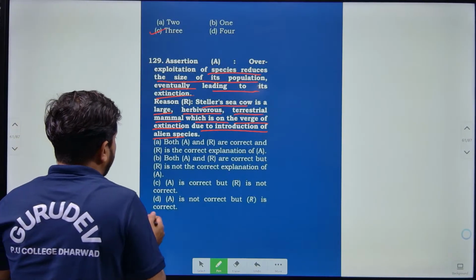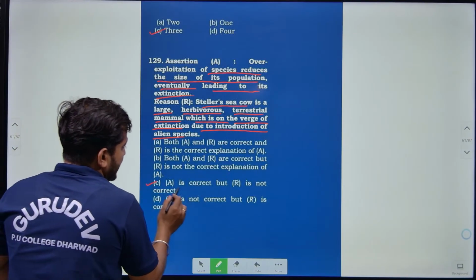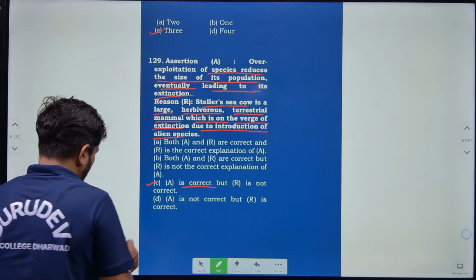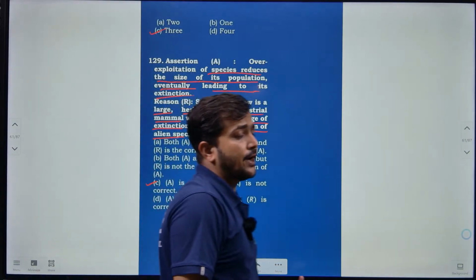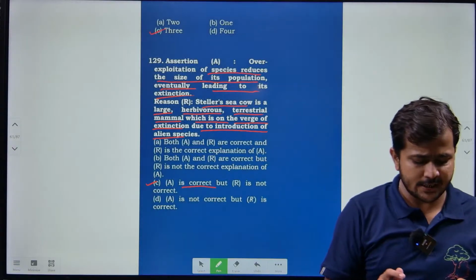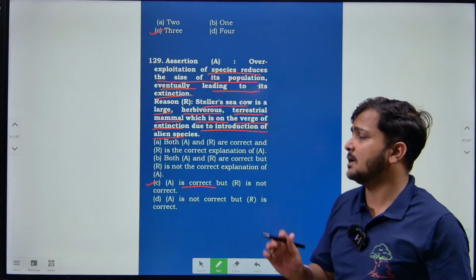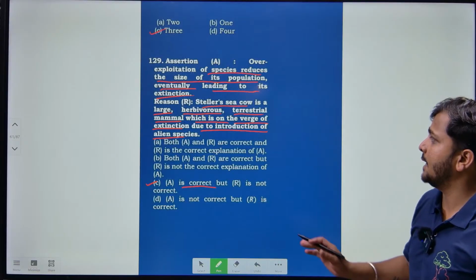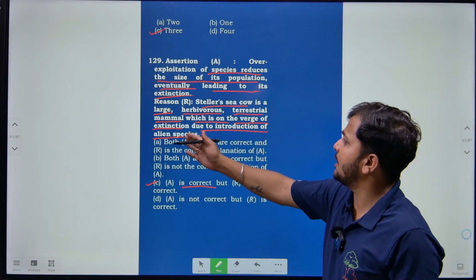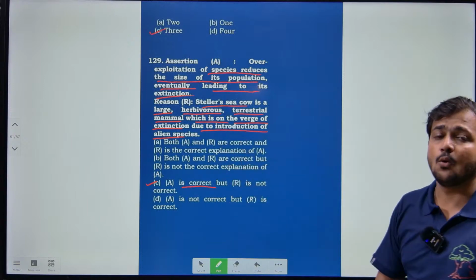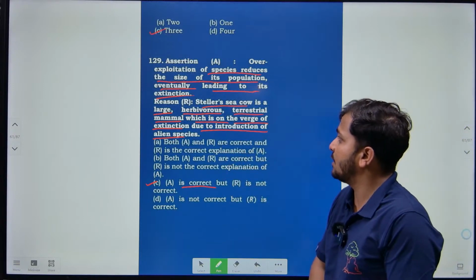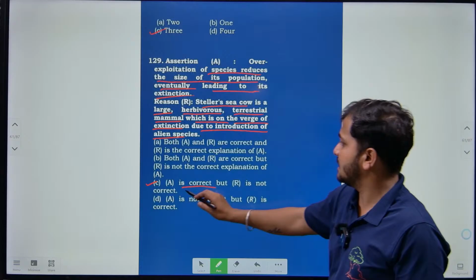So according to that, A is correct but R is not correct, because over exploitation or over harvesting of a plant and animal species reduces the size of its population. Based on that, it is not due to alien species but due to over exploitation. Because of that, this is actually incorrect.